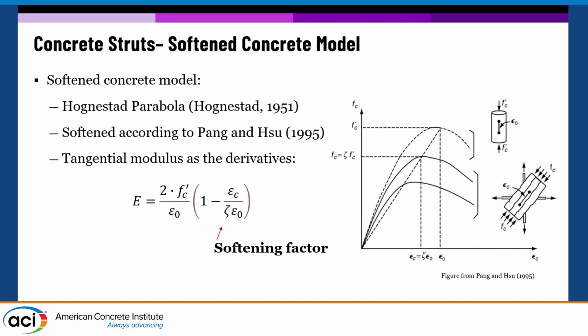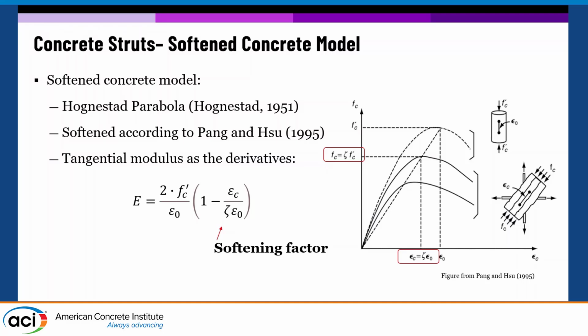What does it mean, concrete softened models? It means models which, depending on the transverse tensile strain, going transversely this way in this picture, the compression response gets softer, or actually less strong concrete in compression.